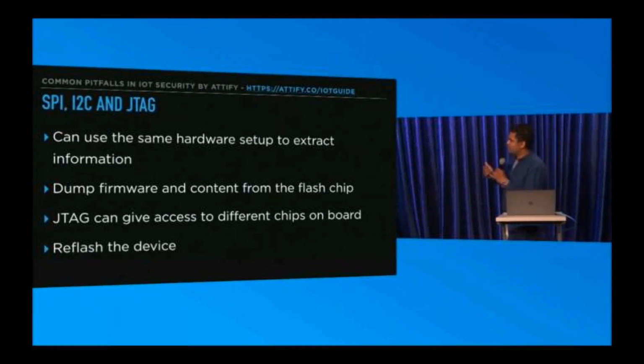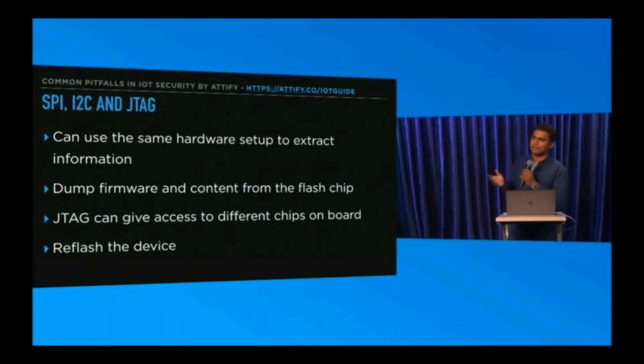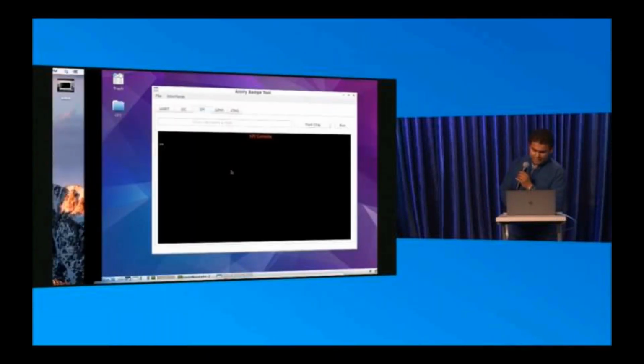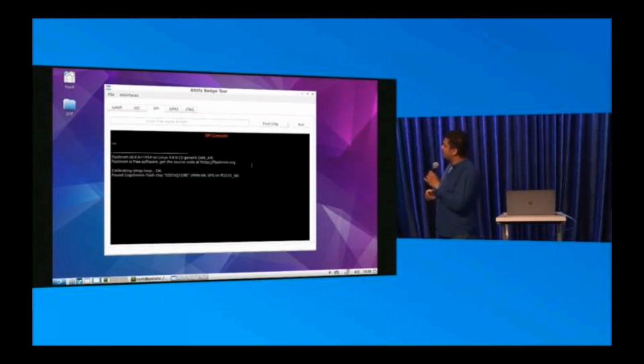And these UART pins are pretty easy to find. Apart from UART, there are a number of other interfaces which the hardware devices operate on. So you can look for things like SPI, I2C, and JTAG, and similarly connect to the individual pins for that particular interface. We've also written a tool called the Attify Badge tool, which is free and open source.